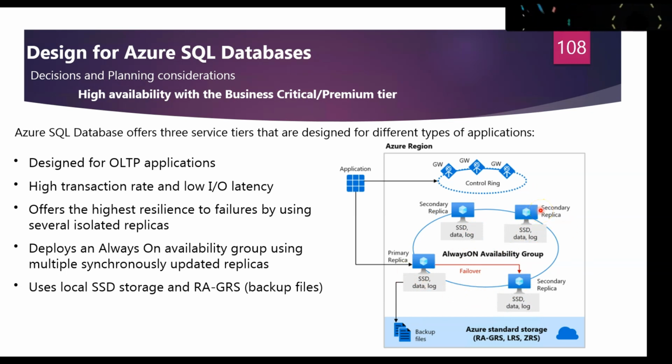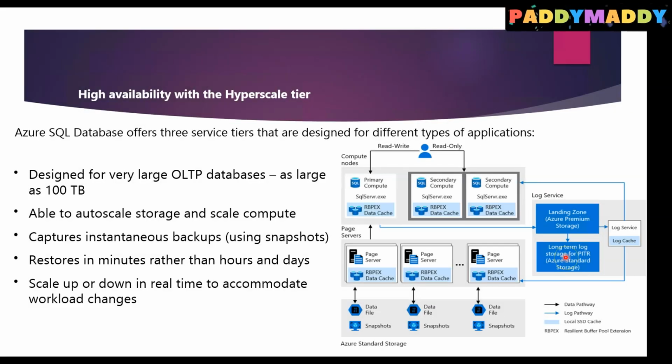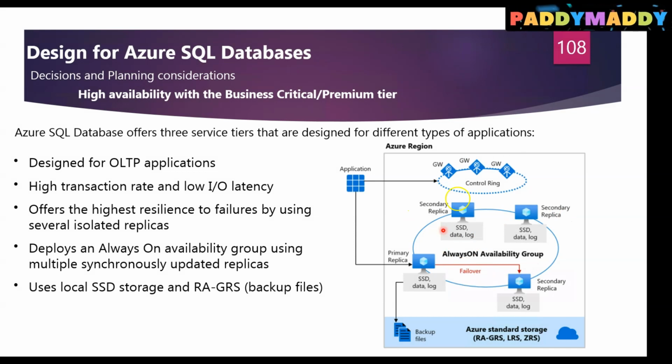That's why it has the highest resilience to failures for your business application. This one will also be used by most financial companies and for order entry, retail sales, or financial transaction systems. So basically this is very much suitable for OLTP applications.